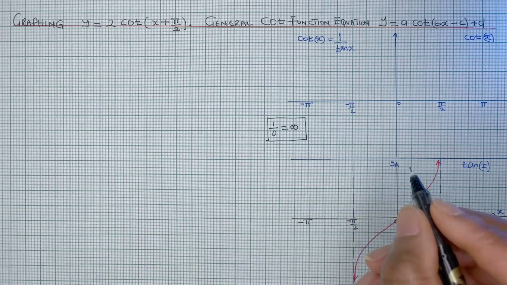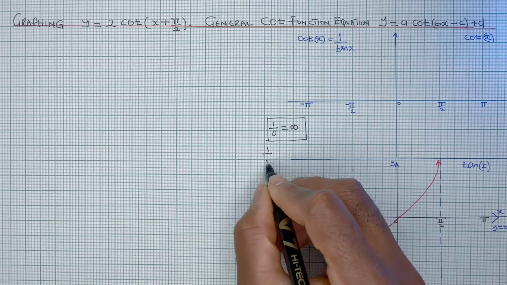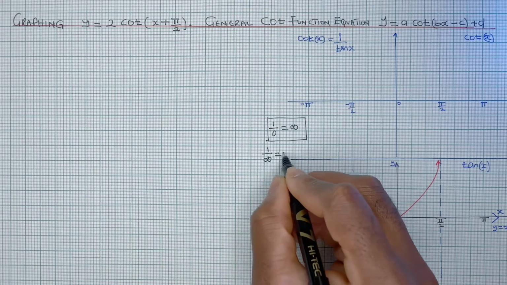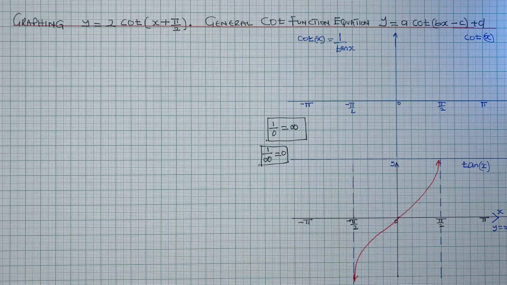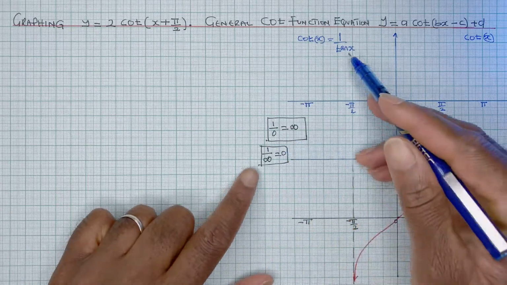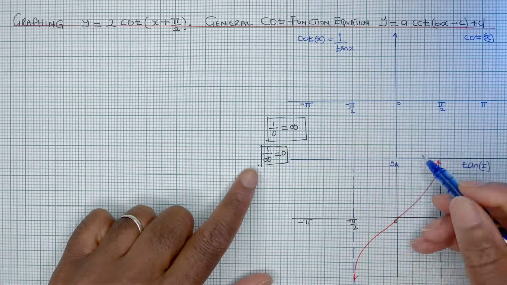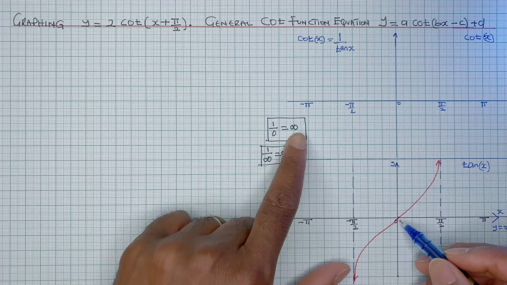But also 1 over infinity is equal to 0. So when tan is 0, cotan will be infinity.